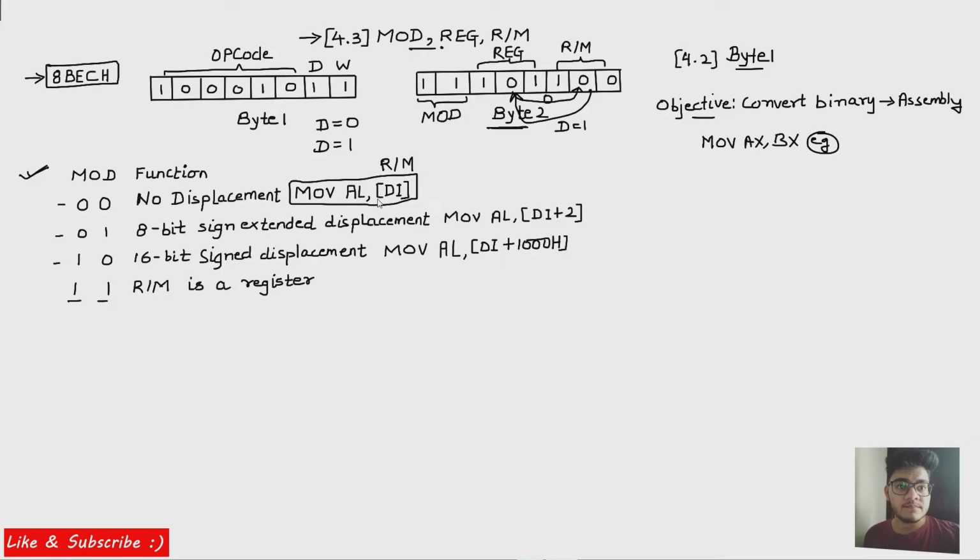We have already seen in the previous tutorials that using these square brackets means we are trying to access the memory, right? Here you can see there is no displacement. DI is the only register here. Now, in case of 01, we have an 8-bit sign-extended displacement.